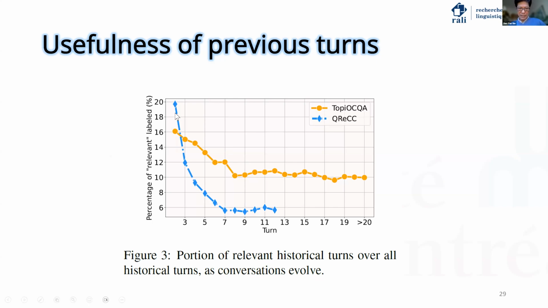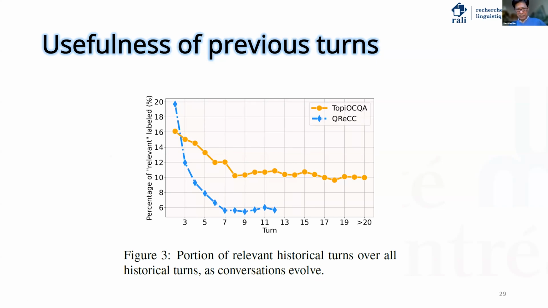And so here the previous turns may be helpful for search or not, but usually when we talk about different aspects in the current turn, the previous turns may be related to other aspects that are not so useful for the current turn. But in TopiOCQA, there are many returns to previous topics.